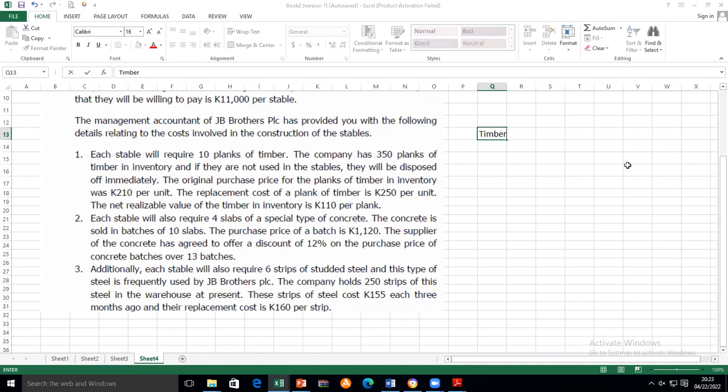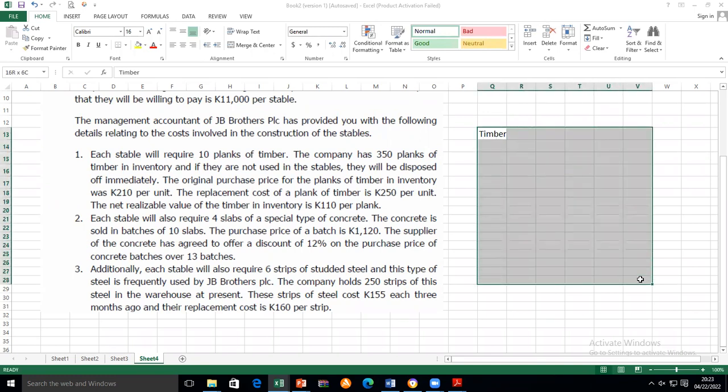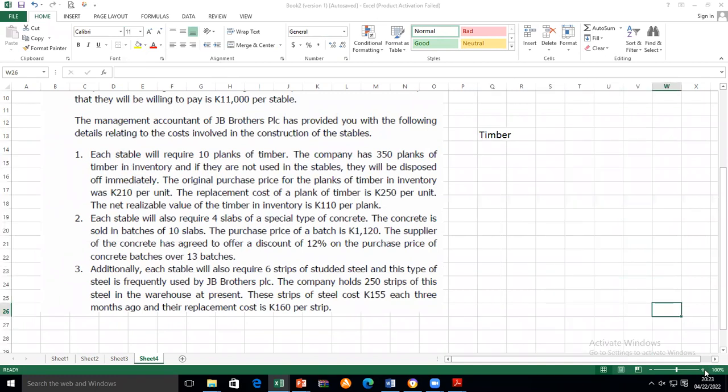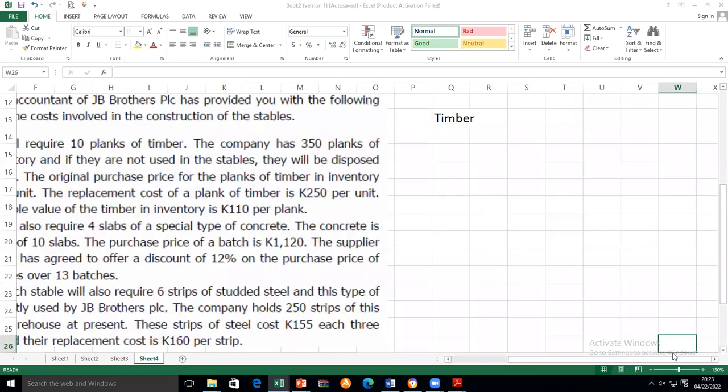How do we identify the relevant cost of materials? Who can remind us?